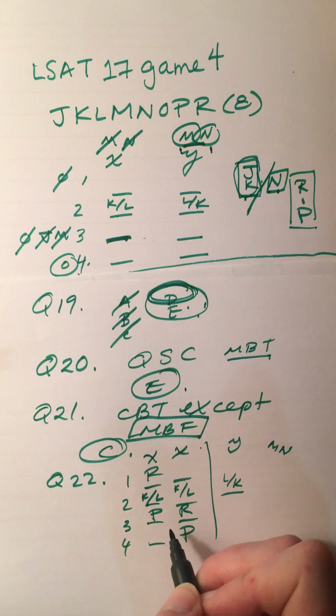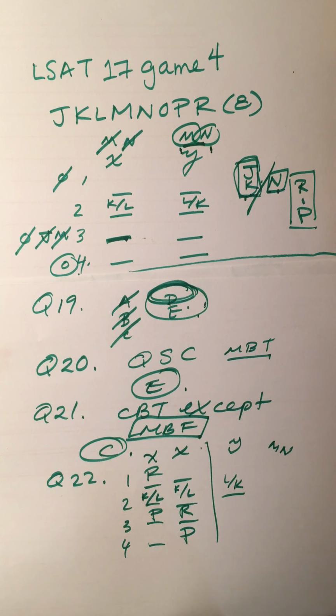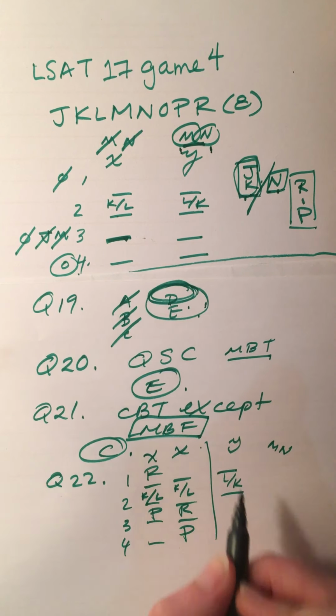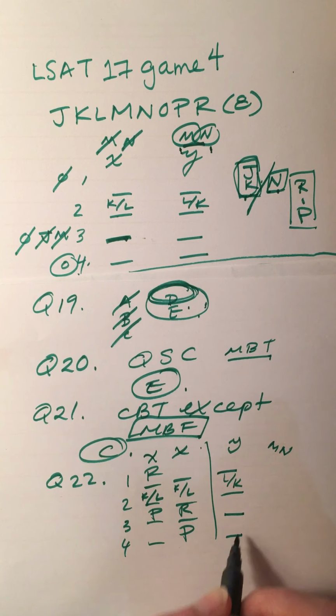So we could have J and K in X, or we could have J and K in Y. But wherever we have J and K, we're not going to have room for O. So J and K will be on a different team from O. So that's sort of interesting. Okay. So I think we're going to have to flesh these out a little bit more.